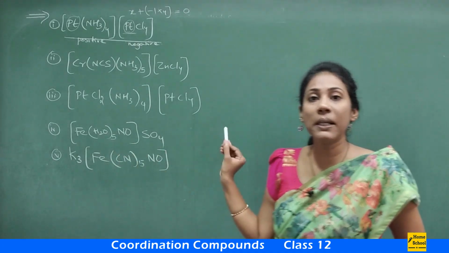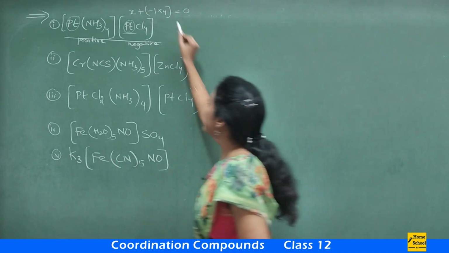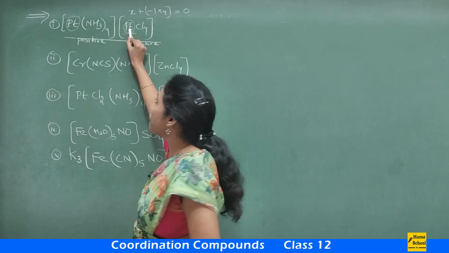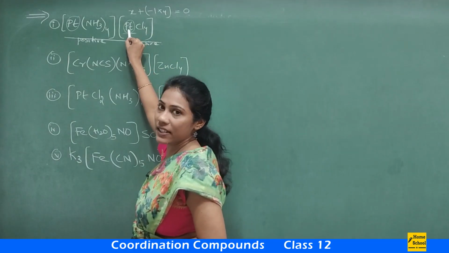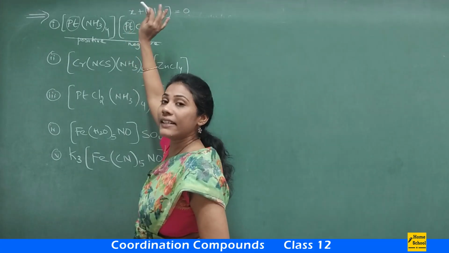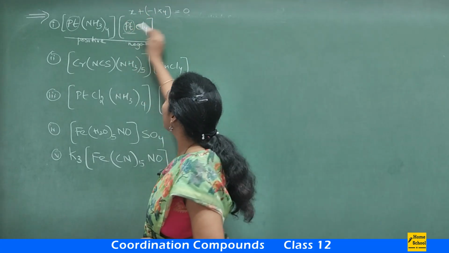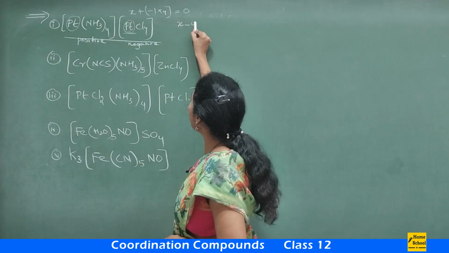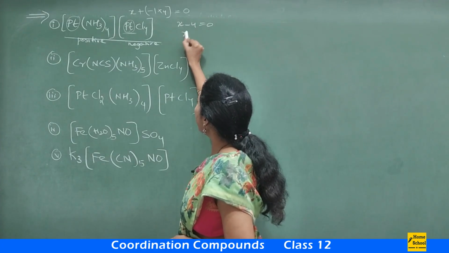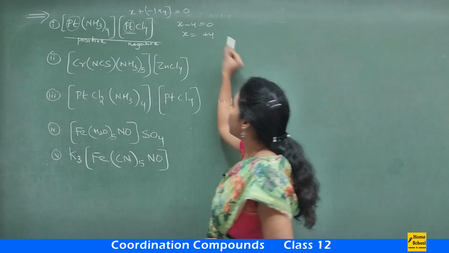In this normal pattern, find the temporary oxidation state of platinum. What we find is not actually the correct oxidation state, just a temporary one. So X minus 4 is equal to 0, so X is equal to plus 4.